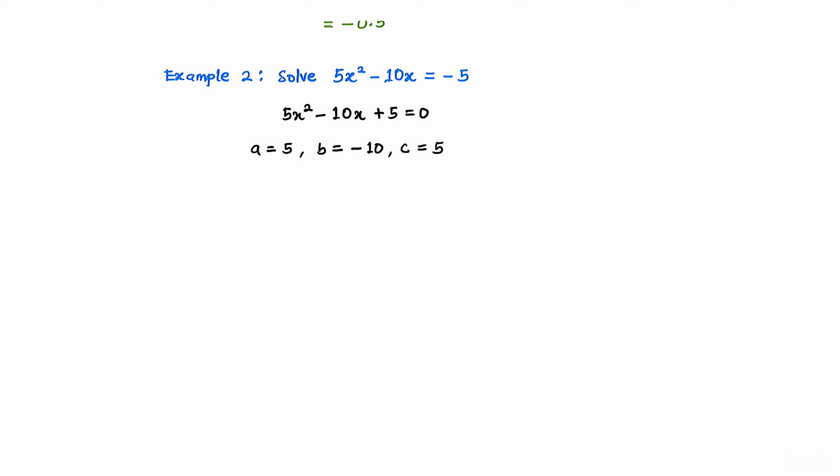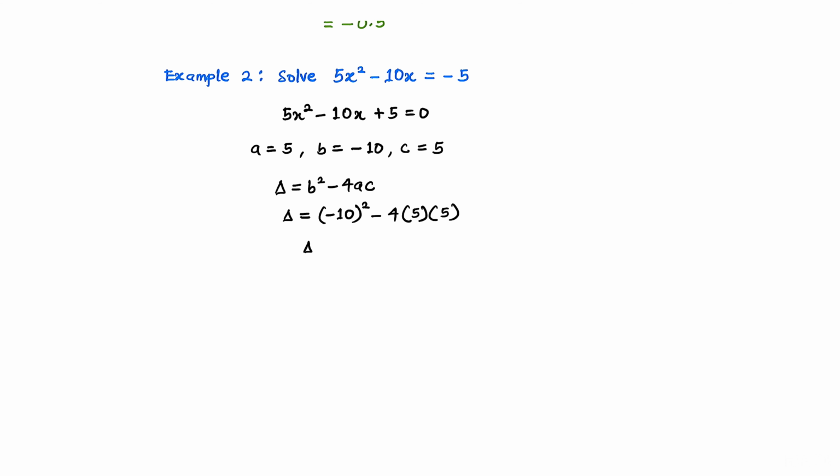So finding the discriminant, delta, we know that delta equals b squared minus 4ac. So that means delta will be equal to, b is negative 10. So negative 10 all square minus 4 into the value of a is 5 and the value of c is also 5.